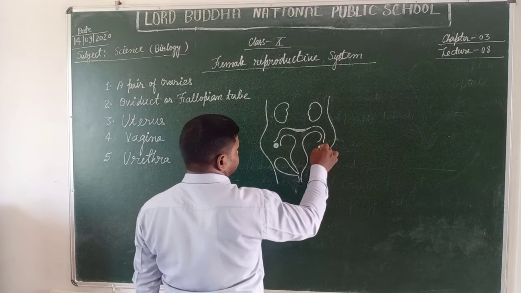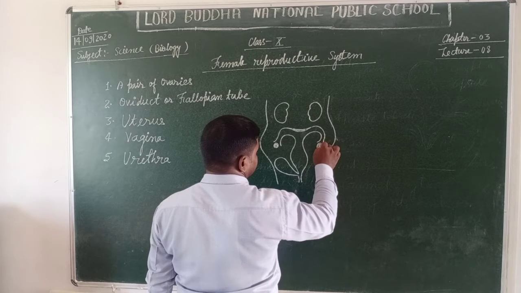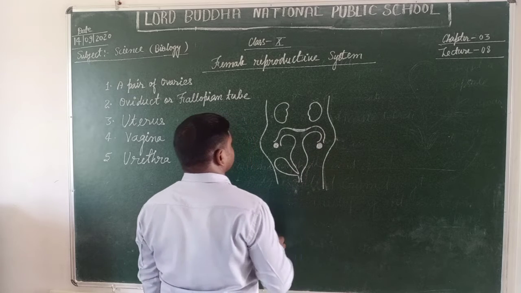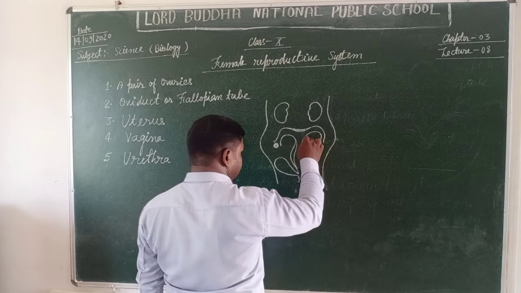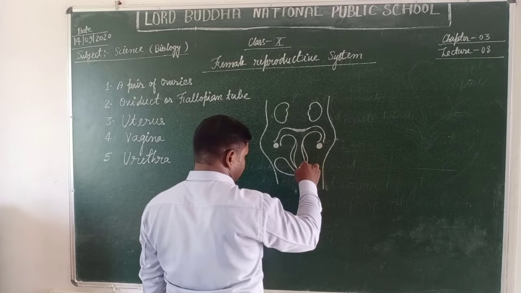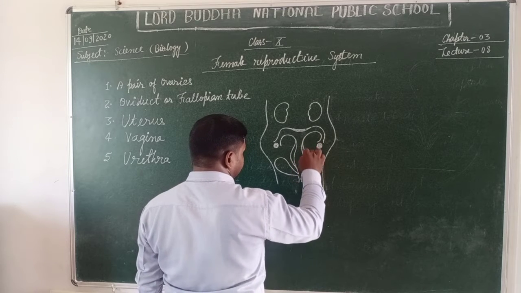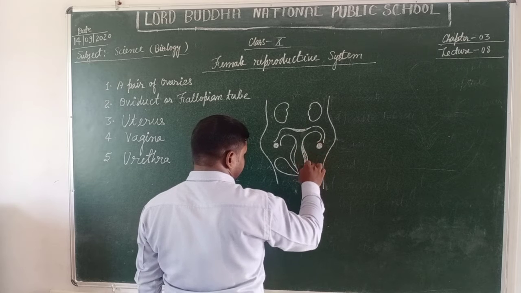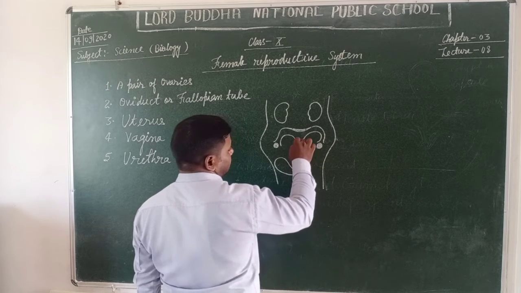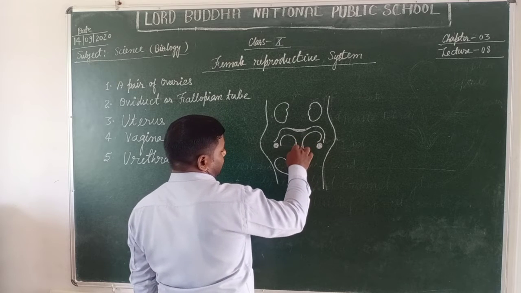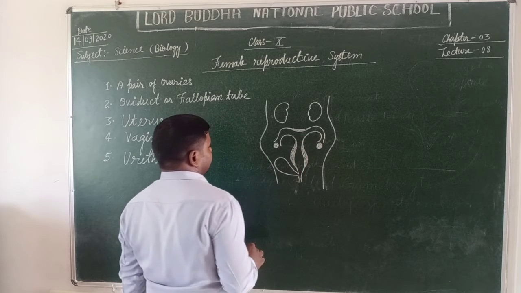The ovary, and the thick massive region of the interior lining of the uterus, the endometrium. The inner wall of the uterus is called endometrium.